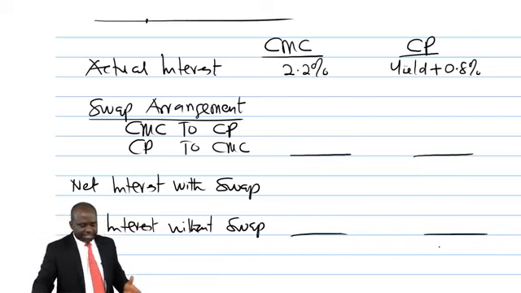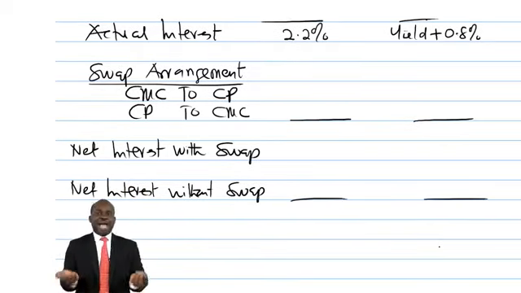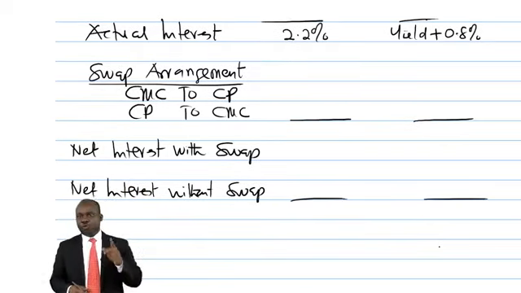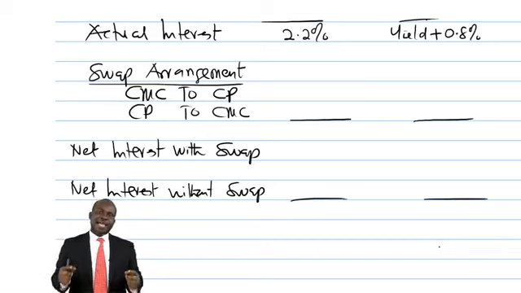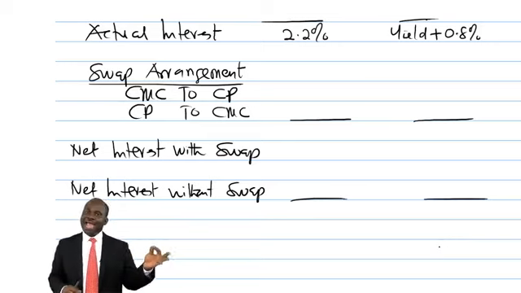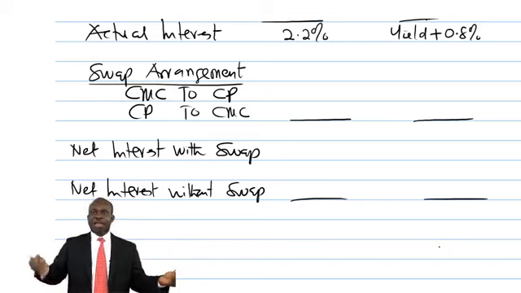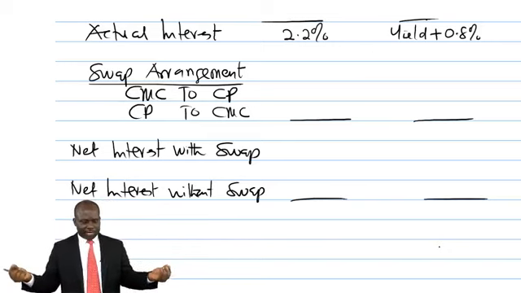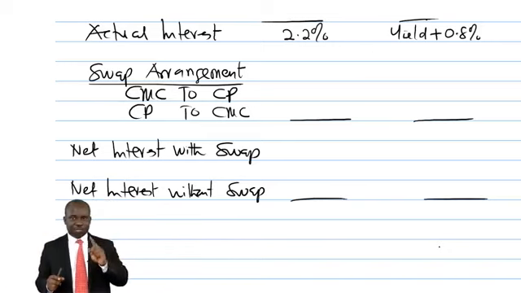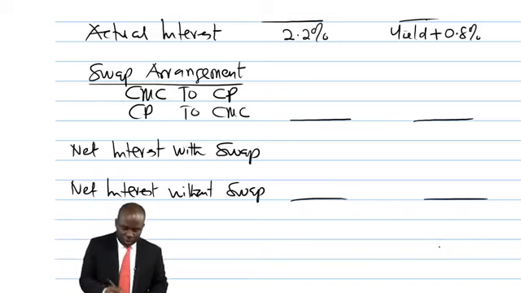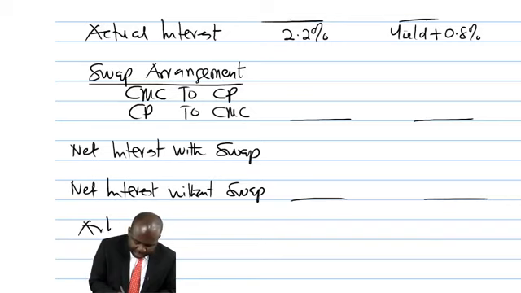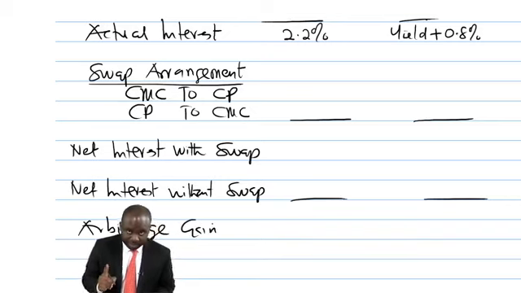The common sense here is that if I swap, I will get benefit, and the benefit I will get is the difference between what I am paying with the swap and what I would have paid without the swap. And that benefit is what we call the synergistic or the arbitrage gain. So this is the arbitrage gain. Please picture it.